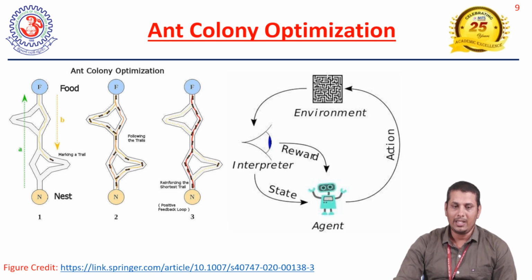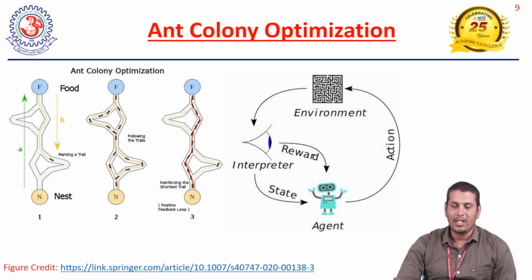If I take a different path, the distance covered will be more. So the ants start to communicate with each and every one to find the minimum path. Okay, so we'll see how it finds it and how it works in your machine learning concepts. In the same way, let's consider the interpreter.